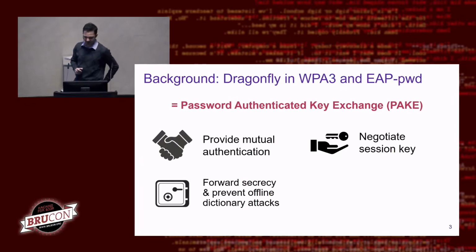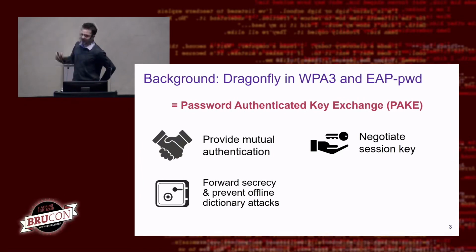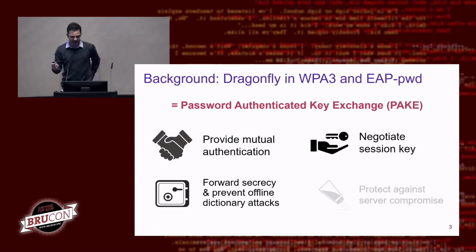And one last thing I want to mention here is that certain other PAKEs also provide one fourth property, and that is that they protect against a so-called server compromise. So what I mean with this is that some PAKEs, but Dragonfly doesn't have that property, provide a defense if your access point or if your server is compromised.